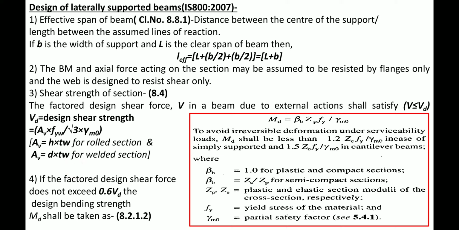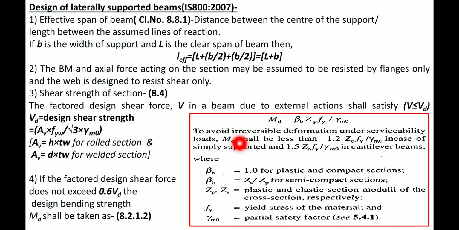Then the fourth point: if the factored design shear force does not exceed 0.6 times the design shear strength, 0.6 Vd, the design bending strength, designated by Md, shall be taken as per clause number 8.2.1.2, and here the design bending strength Md is equal to beta b into Zp into Fy divided by gamma m0.